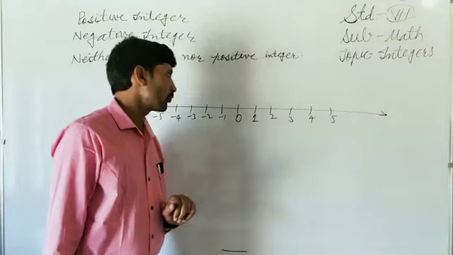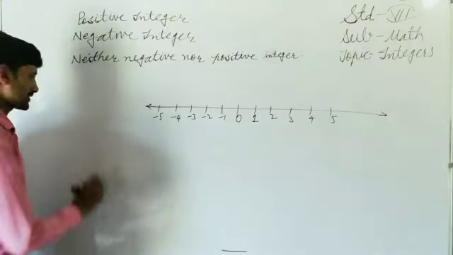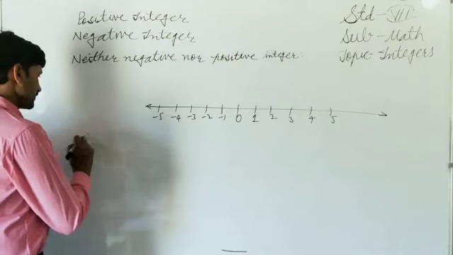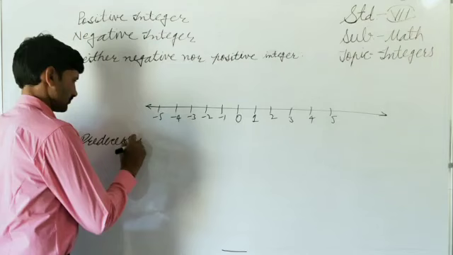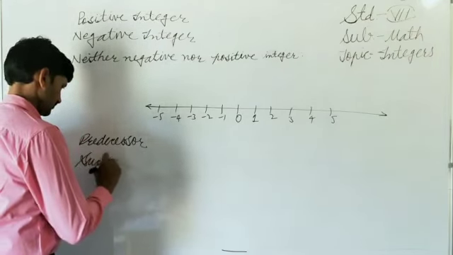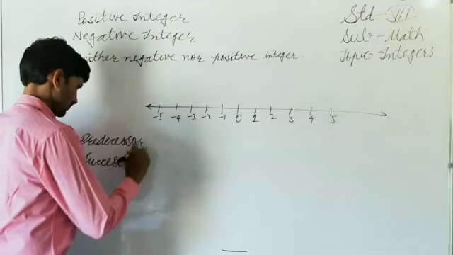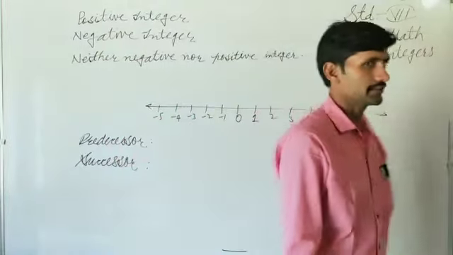Now let us come to one more topic here, the predecessor and successor of an integer. What do we mean by predecessor and what do we mean by successor of an integer?